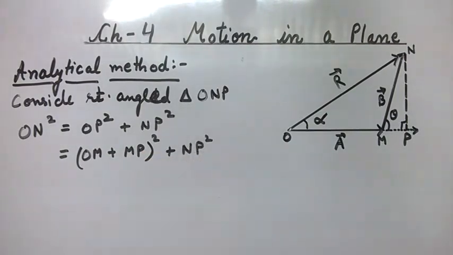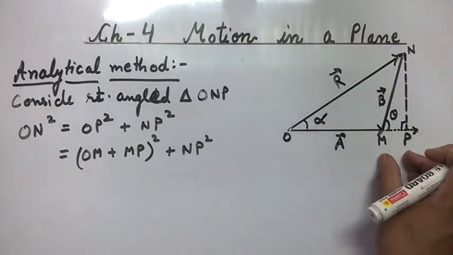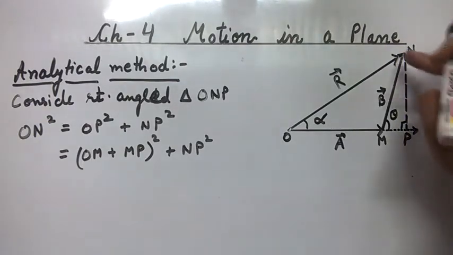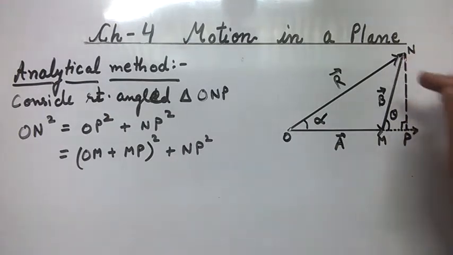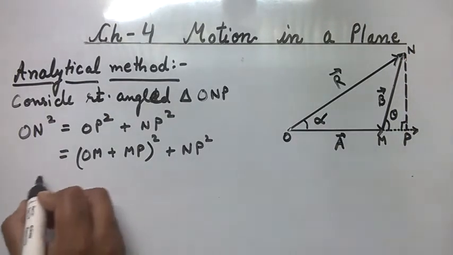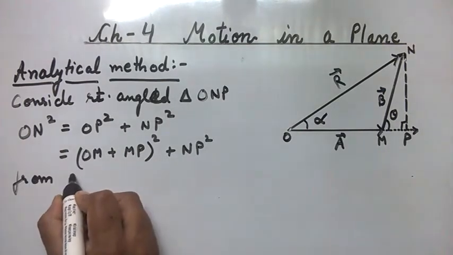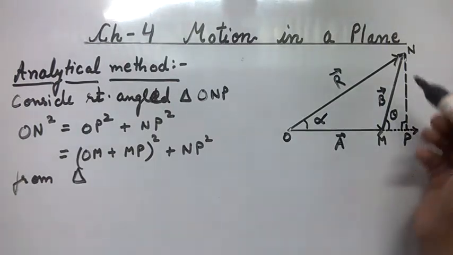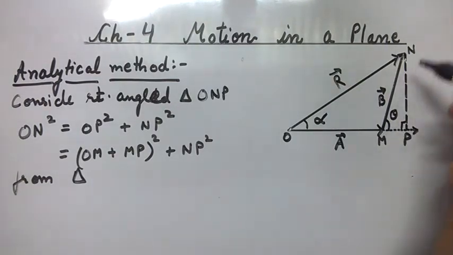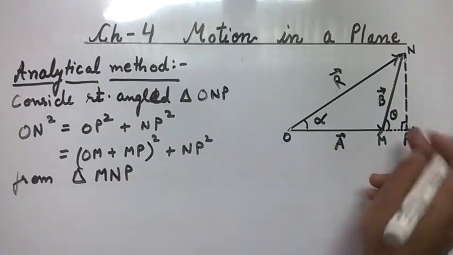So now in order to find the value of perpendicular and base, consider this triangle, that is triangle MNP. It's also a right angle triangle.